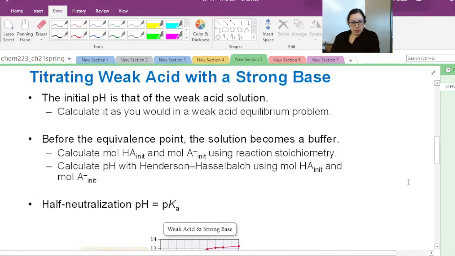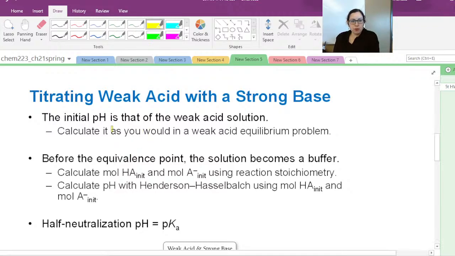And then other points, of course, initially, the pH of our weak acid plus our strong base is just our weak acid solution, right? We did that last quarter. So then we just do our weak acid equilibrium, taking into account the Ka.